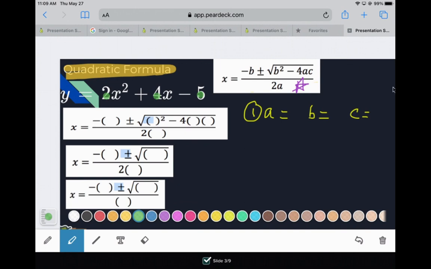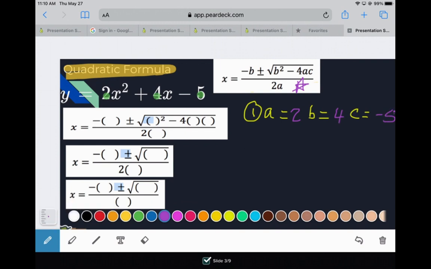Okay, cool. A is, thank you, Gina. So A is 2. Then we have B, 4, and C, negative 5. Thank you, Julie, thank you, Gina. So I have 4, and then I have negative 5.